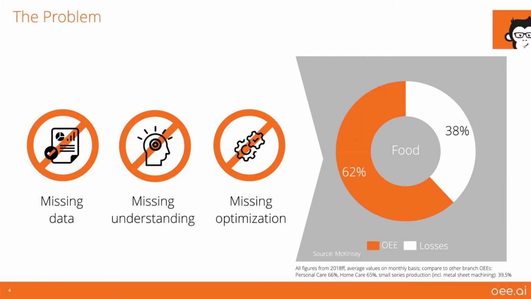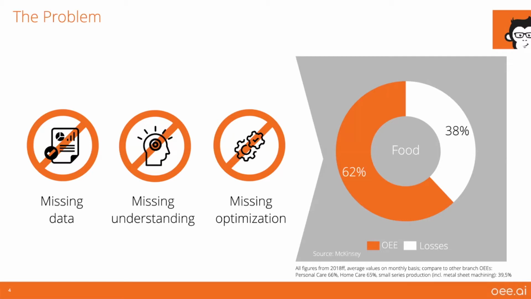And therefore, we tend to have a low overall equipment effectiveness. I've taken a study here from McKinsey: the average was 62% in the food area and 66% in personal care and 65% in home care, which is rather high. But we have long chains of machines there, not low tech, but not super high tech.